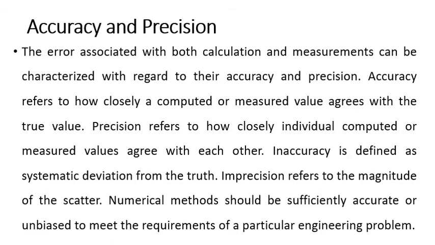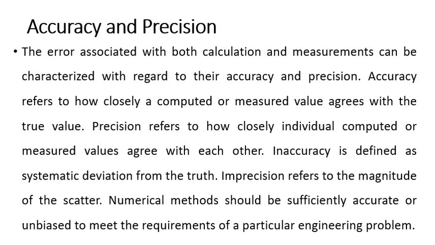Accuracy and precision. The error associated with both calculation and measurements can be characterized with regard to their accuracy and precision. Accuracy refers to how closely a computed or measured value agrees with the true value.